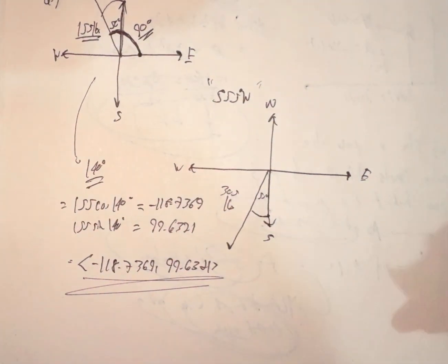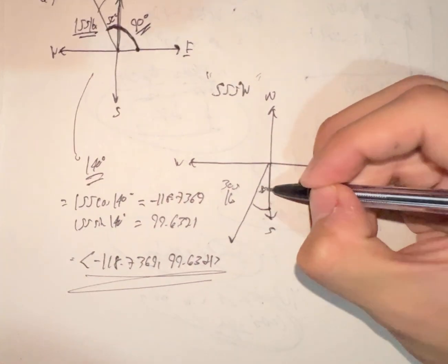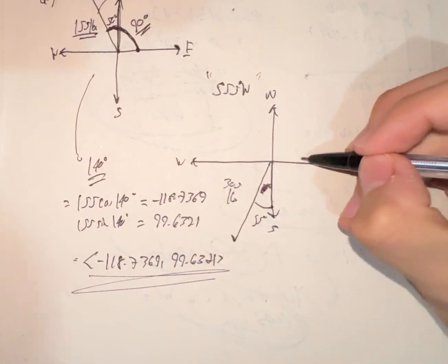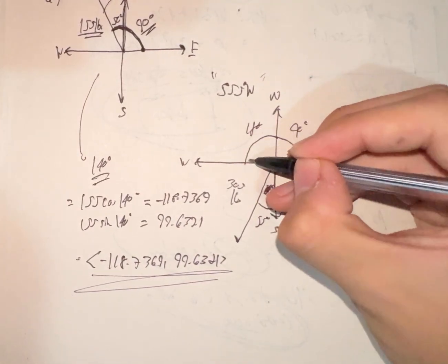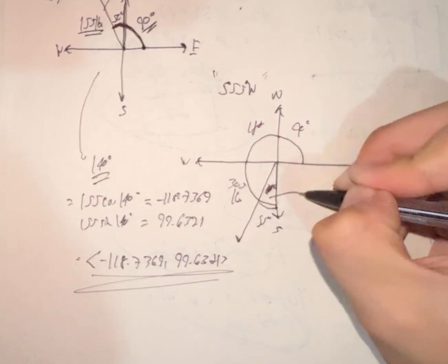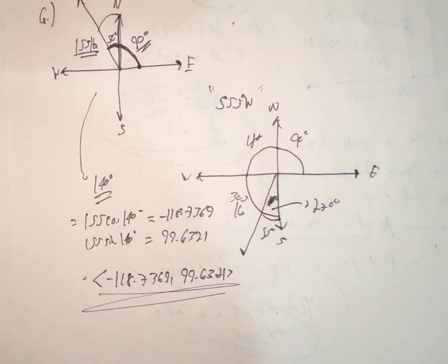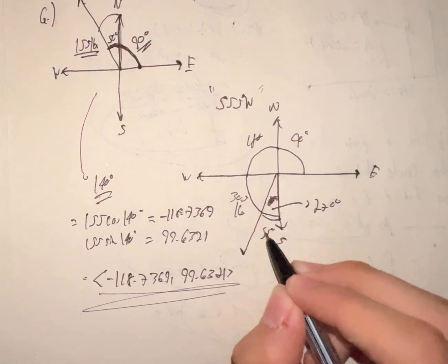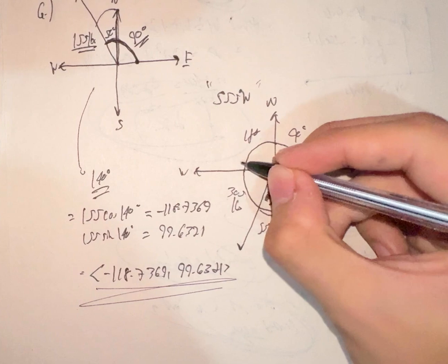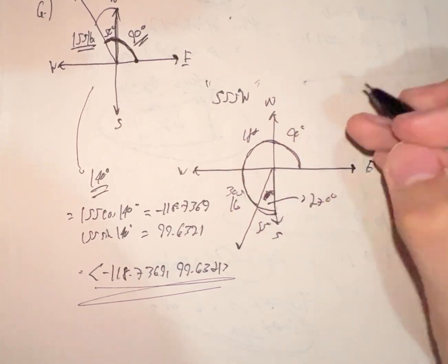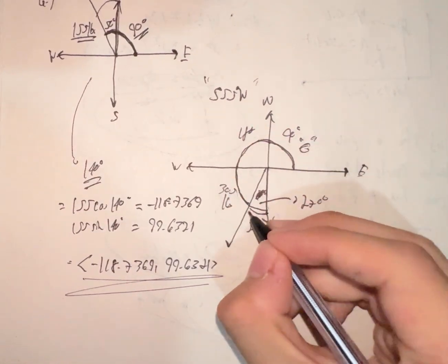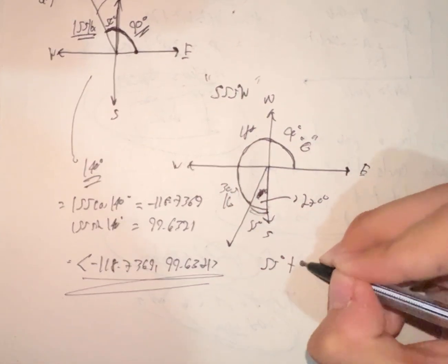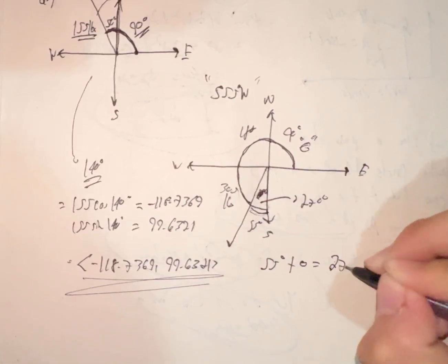Now we're going to find the component form for our second vector. This again is 55 degrees. Starting from here, it's 90 degrees, up to here 180 degrees, up to here 270 degrees. If this total portion here is 270 degrees and this small one is 55 degrees, then this unknown angle, let's call it theta, plus 55 degrees should equal 270 degrees.